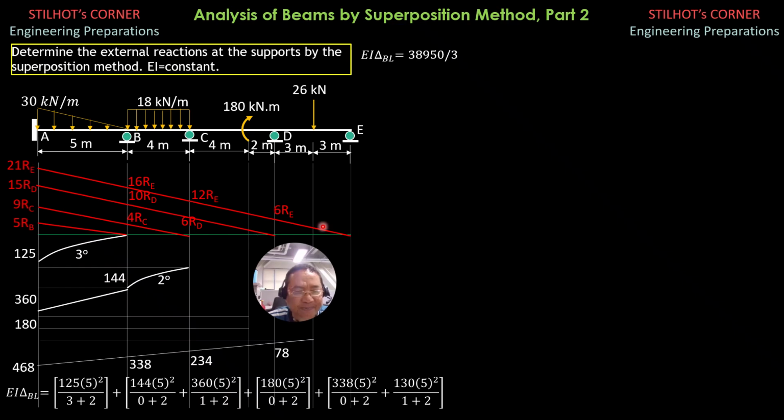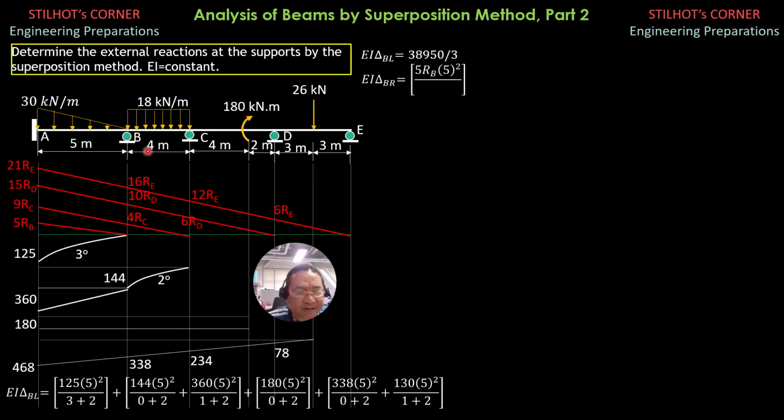to reaction at E. So for this moment 5RB, length 5 square, only this portion of the moment diagram by parts will have effect on the deflection at B. So 5RB, 5 square over first degree plus 2.